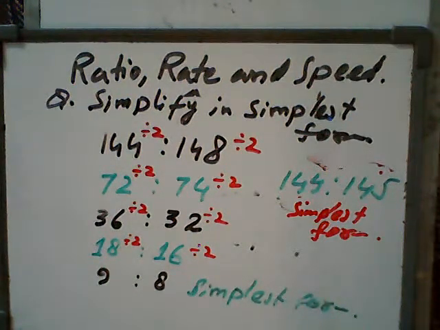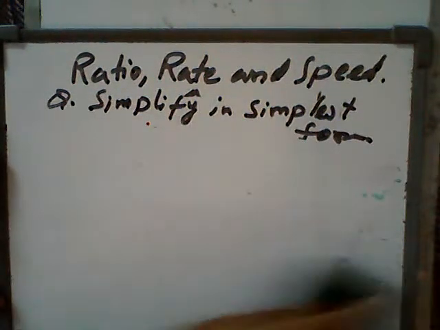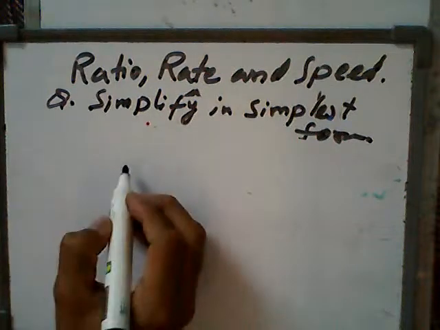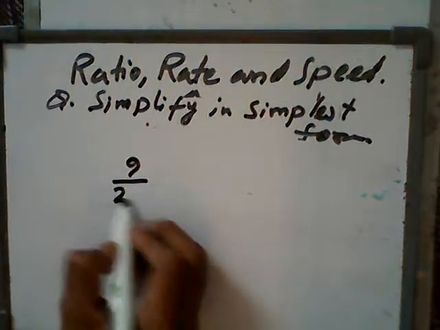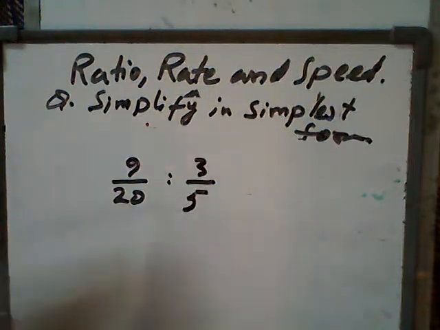Now, for those numbers which are fractions, how to simplify them? The previous numbers were the simplest form in integers. Now we'll be looking at fractions, how we simplify fractions into simplest form. Let's take 9 over 20 ratio 3 over 5.